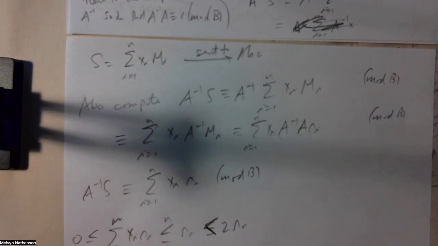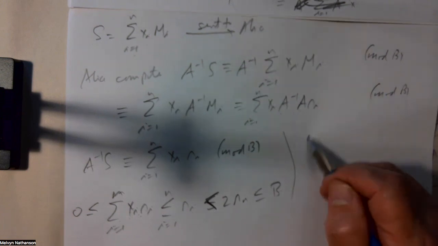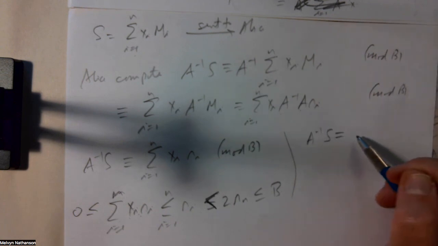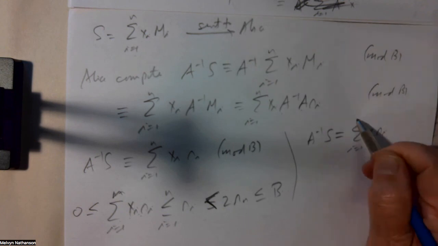Rn is bigger than the sum of all the previous numbers, which is less than or equal to b. We chose b to be bigger than 2Rn. So in fact, A inverse S is equal to the summation xi Ri, I goes from 1 up to n.